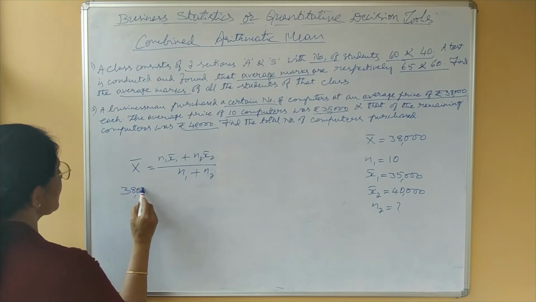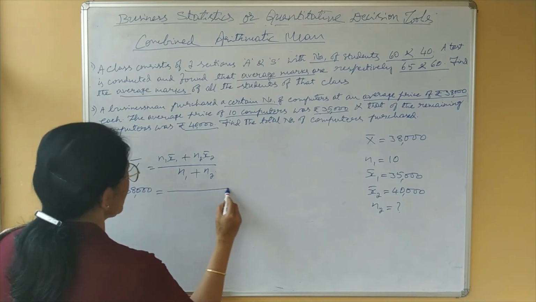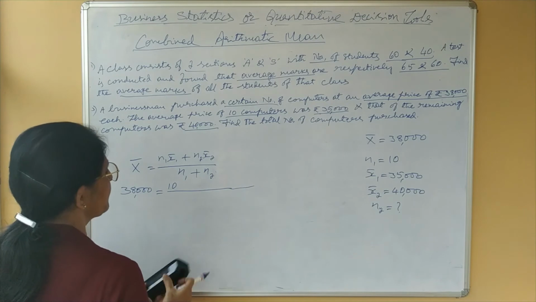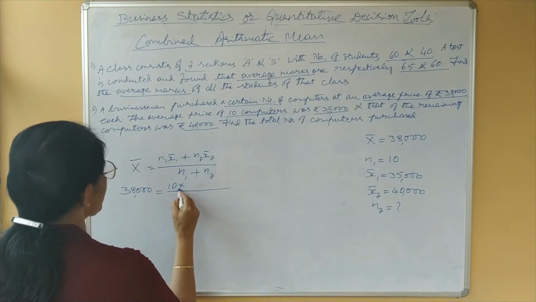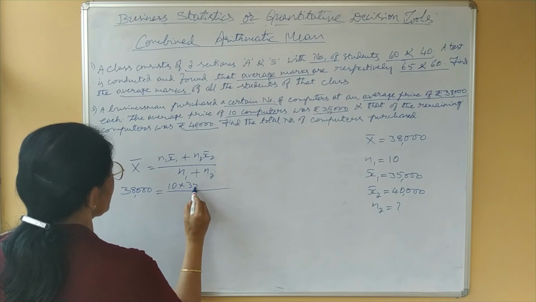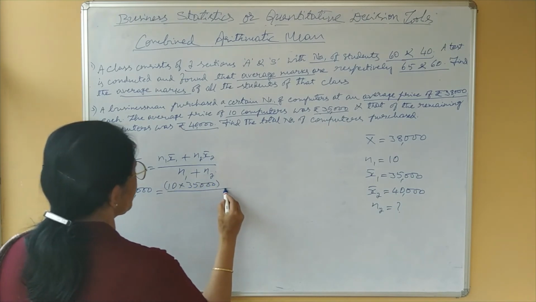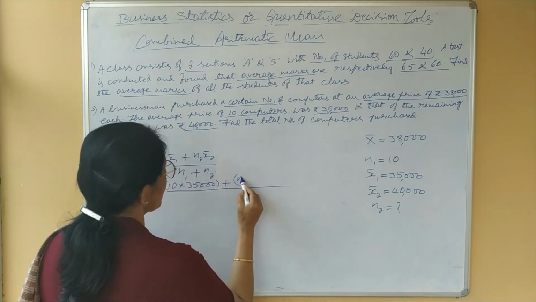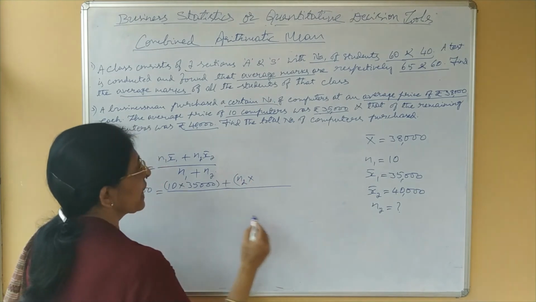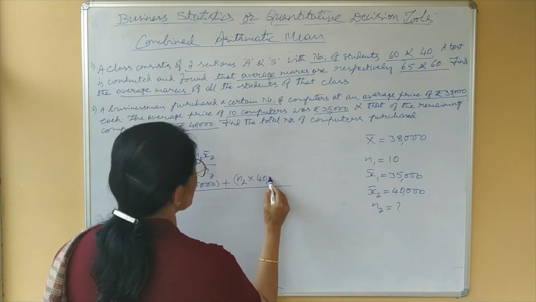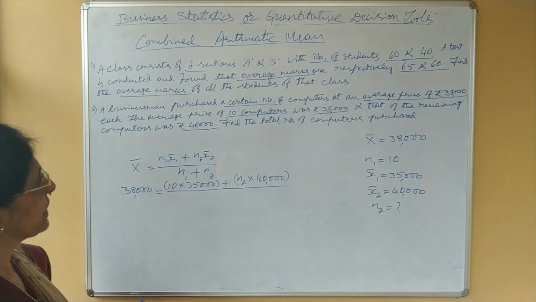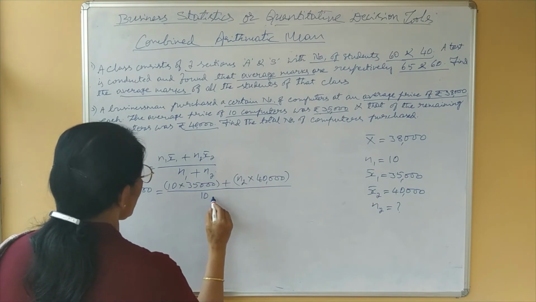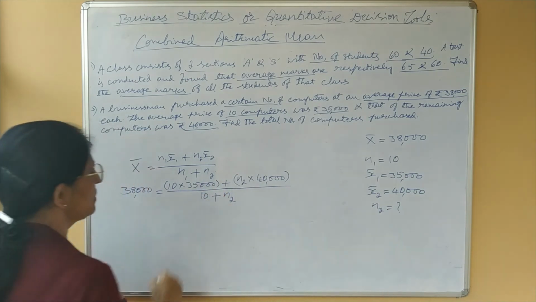That is 38,000 rupees equals N1 is known, 10, into x bar 1, 35,000 rupees, plus N2 is not known, take N2 into x bar 2, 40,000 rupees, divided by N1, known 10, plus N2 is not known, take N2.